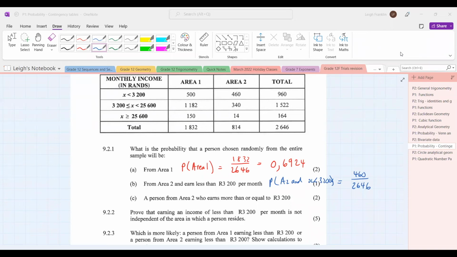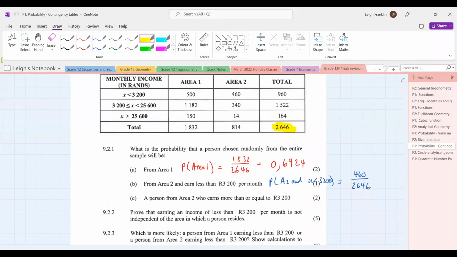So here they're not saying what is the probability of somebody coming from area 2 given that people are all earning already less than 3,200 Rand a month. They mean the number of people from area 2 and earning less than 3,200 Rand a month in comparison to everybody. So when you're working with contingency tables, your denominator is always going to be this value over here, because it's not conditional. It's based on everybody. Does that make sense? Yes, ma'am.